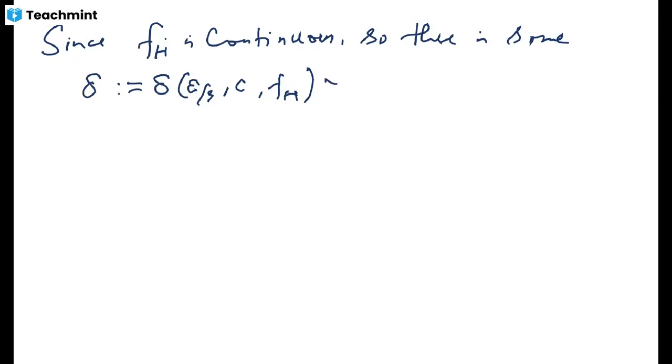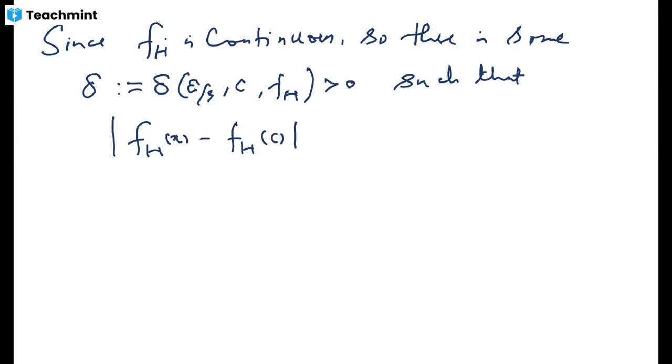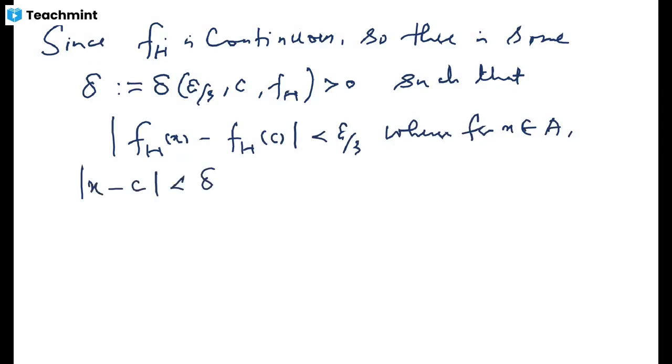So this is some positive number such that f_h at x minus f_h at c will be less than epsilon by 3 whenever, for any point x in A, we have this inequality: the distance of x from c is less than delta.